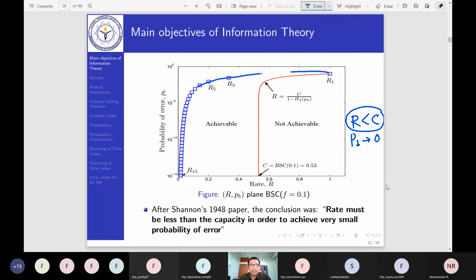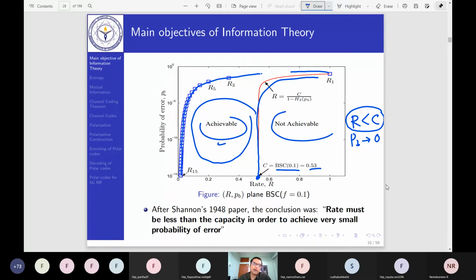So if you look at this repetition coding curve, this is the curve. However, Shannon showed that the curve is more like this. For a BSC with crossover probability 0.1, the capacity will be equal to 0.53. So R should be less than this only. In this part, it is possible to devise an error correcting scheme so that zero probability of error is achievable.